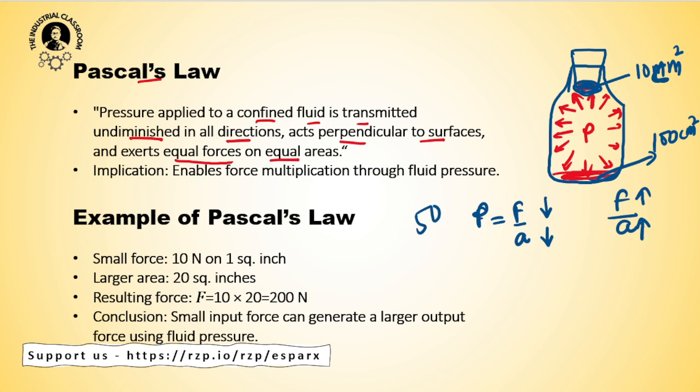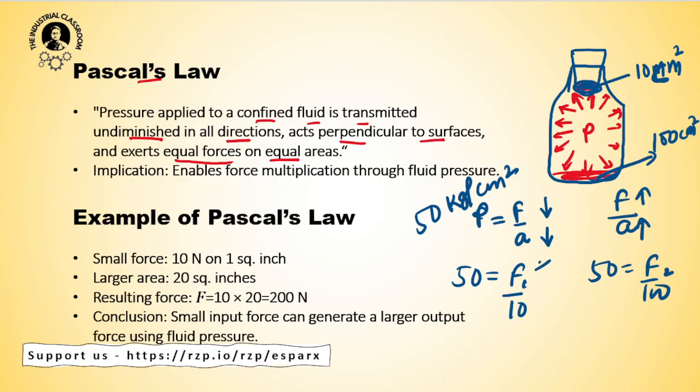My pressure is 50 kg per centimeter square. Let me just take it as a small example, right? So I can say that in the first case 50 is equal to F by 10, and here 50 is equal to F by 100. Let me consider this is F1, this is F2. F1 is for the cork and F2 is for the bottom of the jar.